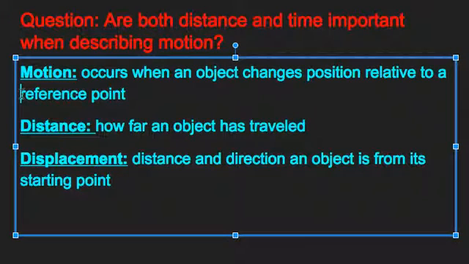So the important term here is reference point. Remember, when we were talking about how can you tell that a car is moving, it's important to think about it. Can you see it changing position relative to other objects? If you're in the car, then you know that you are moving because you can see the objects going past you.